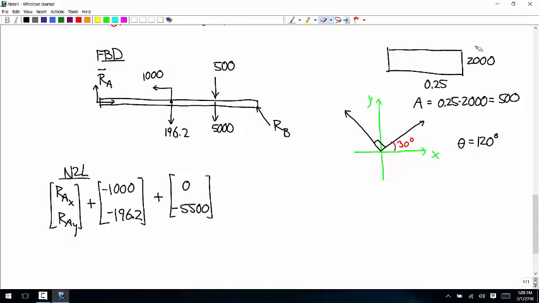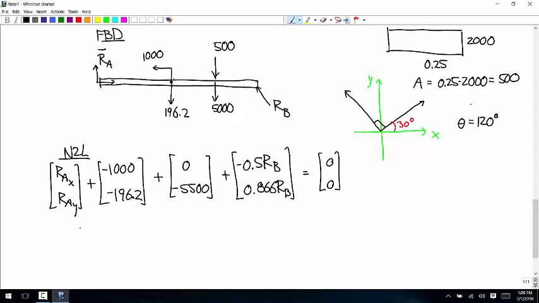And then this force is RB times cosine and sine of 120. So that is negative 0.5 RB, positive 0.866 RB. Is equal to zeros. Let's see, so we got force 1, 2, 3, 4, that's it.